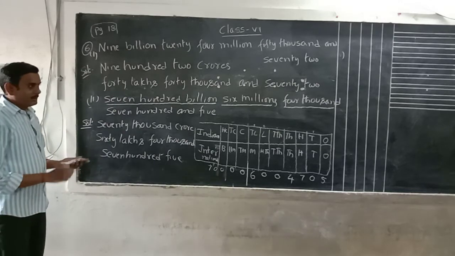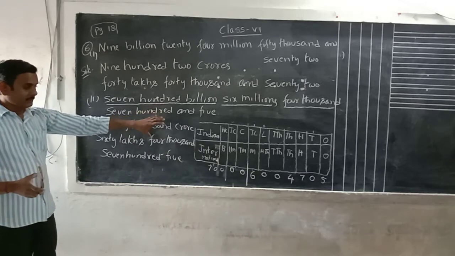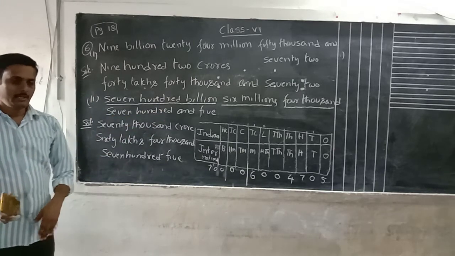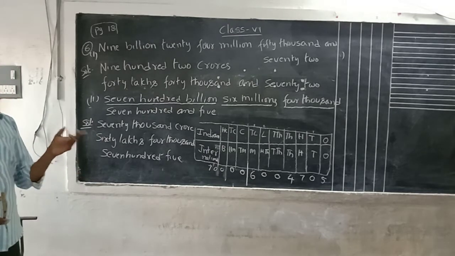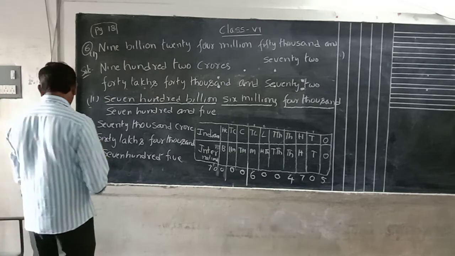That means if you are not able to write by comparing, first write the International system number and later convert into the Indian system. That mode also you can use. Already we told that one. Okay, now we will go for the next exercise.